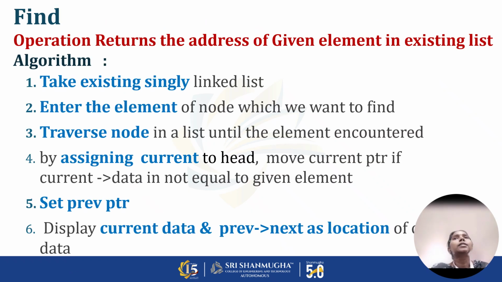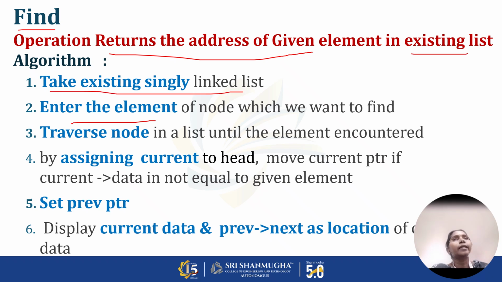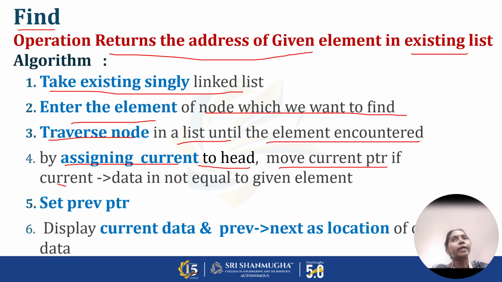Next, the find operation returns the address of a given element in an existing list. Here also, take an existing single list, enter the element of the node you want to find, and traverse the nodes in the list until the element is encountered. By assigning current to head, move the current pointer if the current data is not equal to the given element.